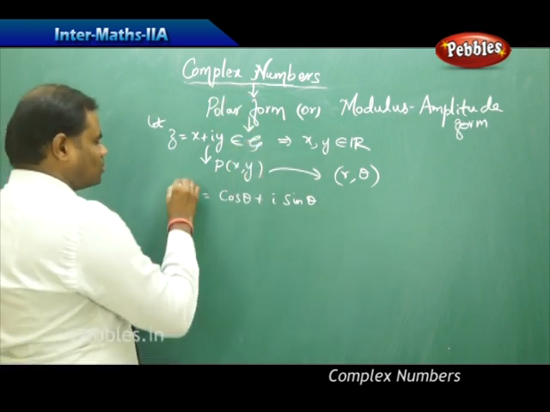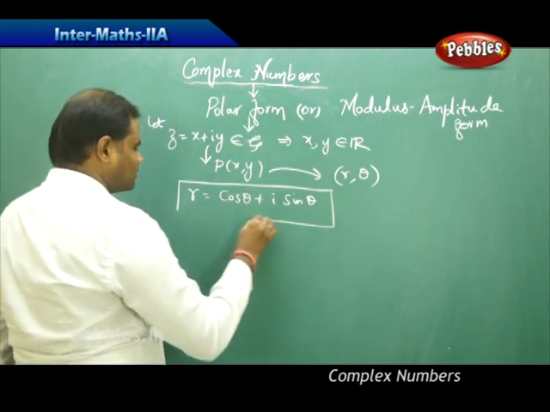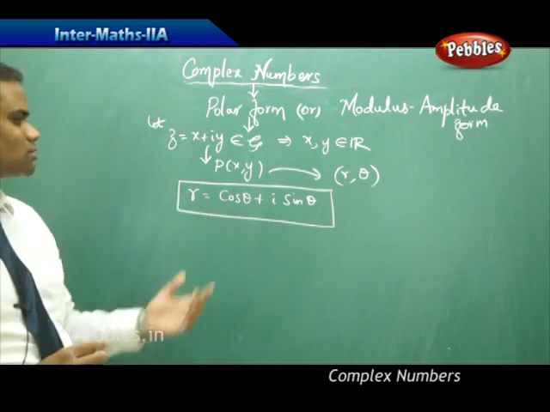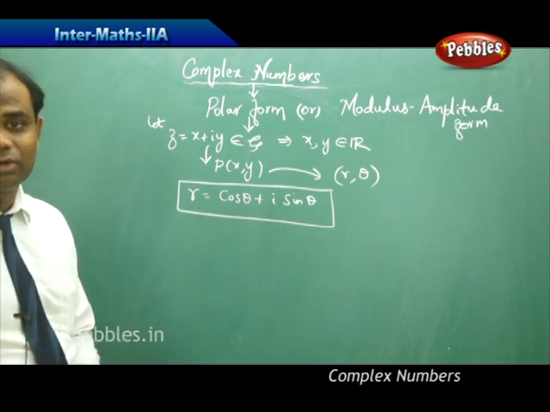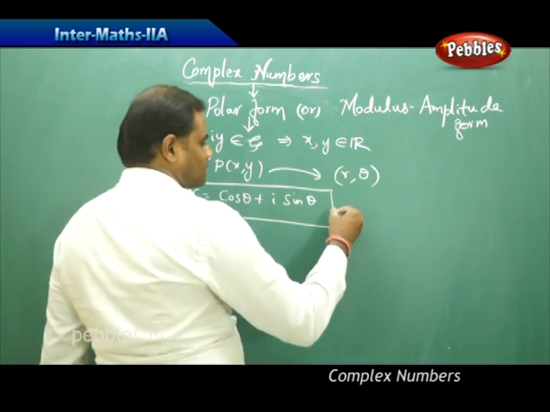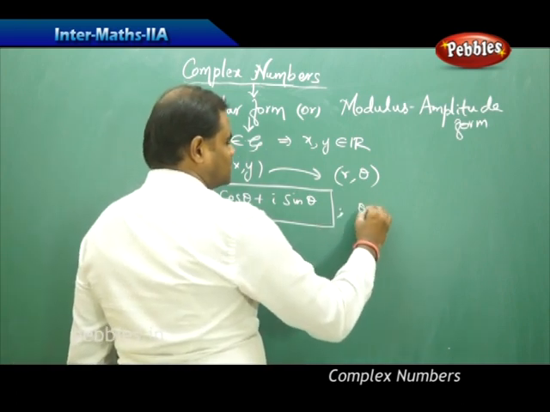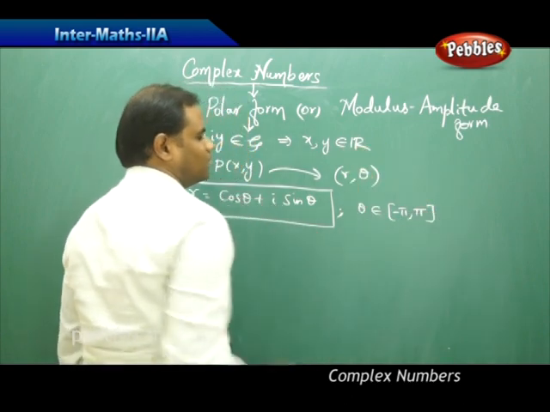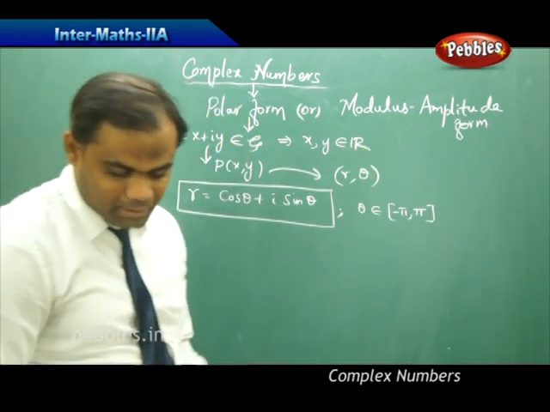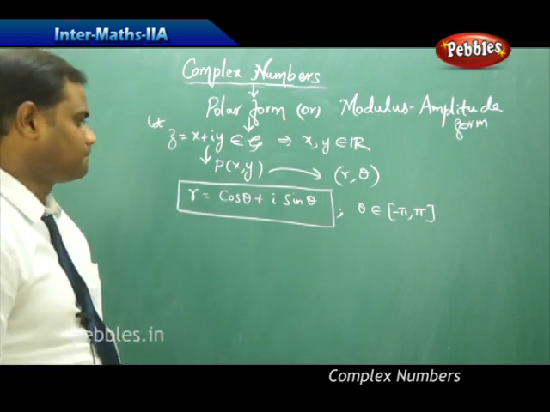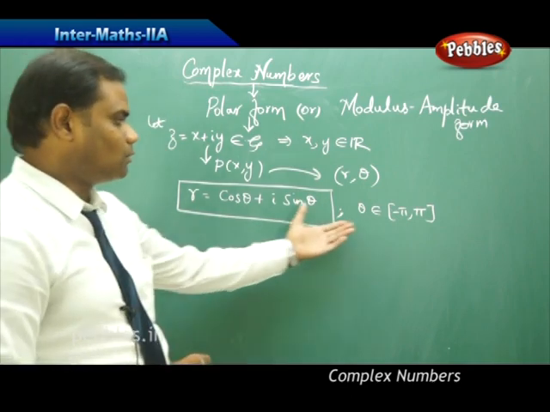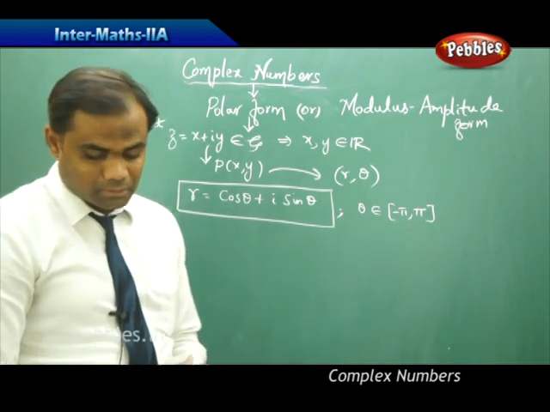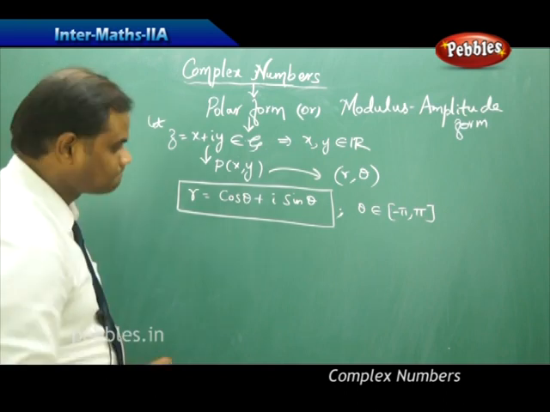So this is called the polar representation of z, or the polar form of writing a complex number, where theta lies in the region minus pi to pi, including pi. So between minus pi and pi is how we understand the polar coordinates.